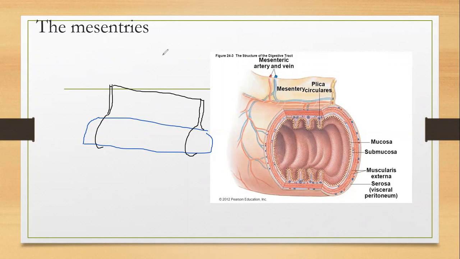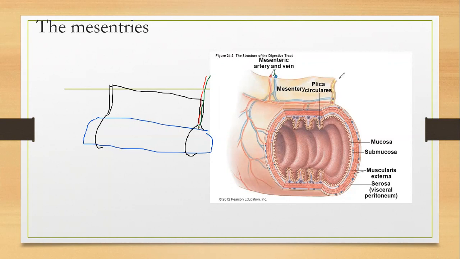Now the interesting thing is that as it forms, it traps the blood vessels between these sheets. So your blood vessels are trapped here. At the same time, we also have your nerve tissues, if I represent them with green, trapped between those two layers. So you find that the nerve tissues will follow the blood vessels and keep branching, and they end up branching into the intestinal walls.